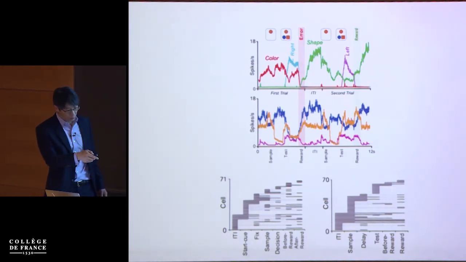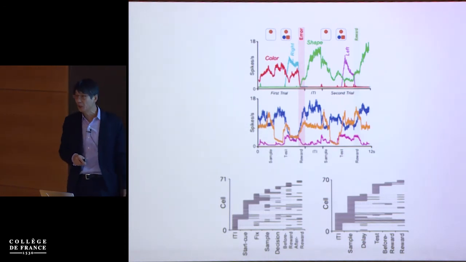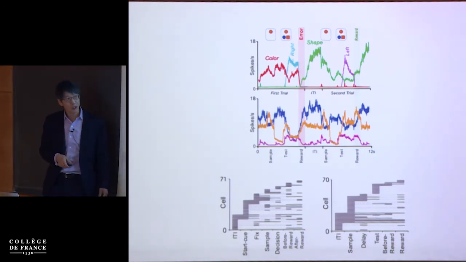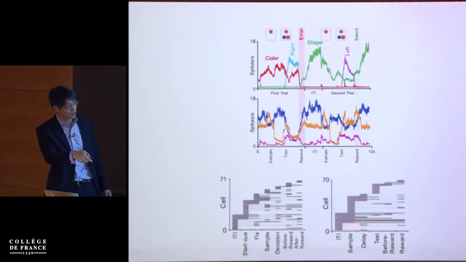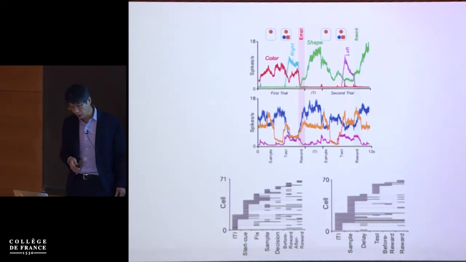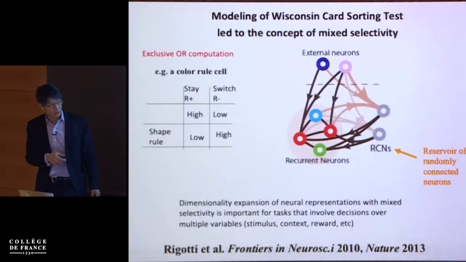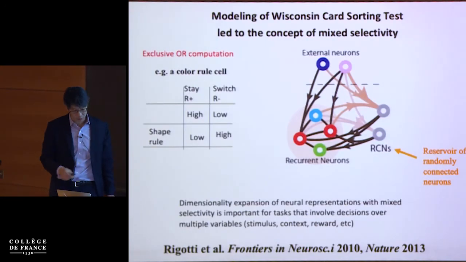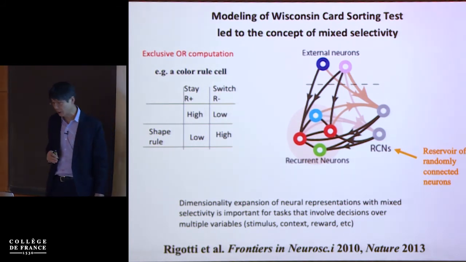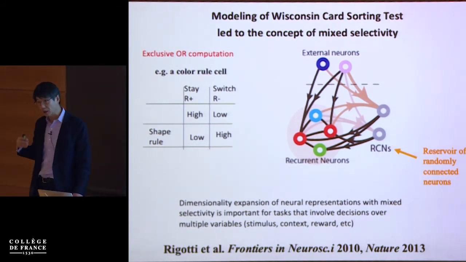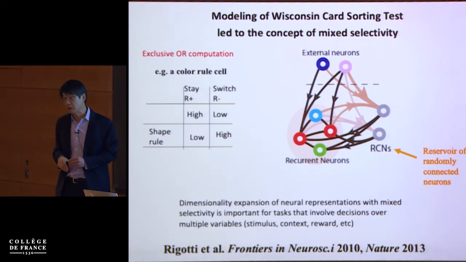And we actually made this plot because the experimenters made the same plot for single units from prefrontal cortex in behaving monkey. And you see that, to some degree, the model explains this high degree of heterogeneity and the temporal dynamics as seen in the monkey experiment. We further, in the follow-up paper in collaboration with Earl Miller, analyzed the single units from Earl Miller's experiment and found evidence for mixed selectivity.